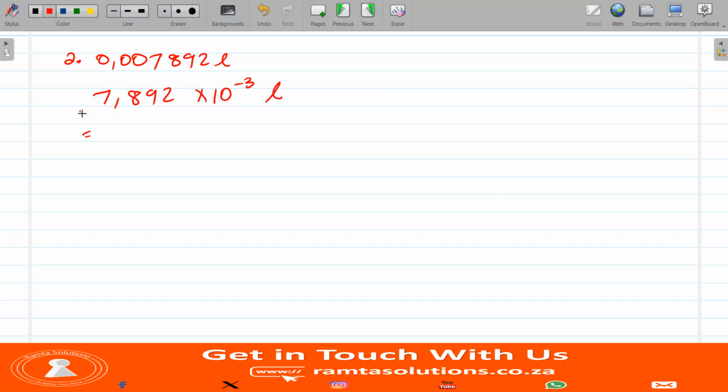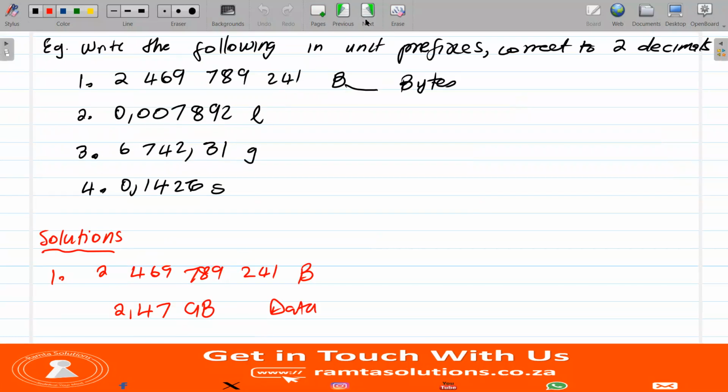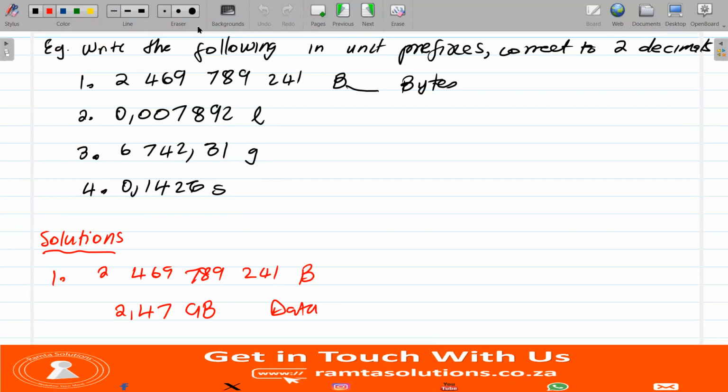What is this, guys? This is correct to 2 decimal places, 7.89, times 10 to the minus 3. What did we say 10 to the minus 3 was? We called it milli. So this is 7.89 milliliters. In case you're wondering why I didn't do number 1 like this, let me go there.